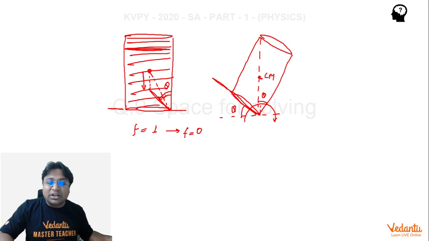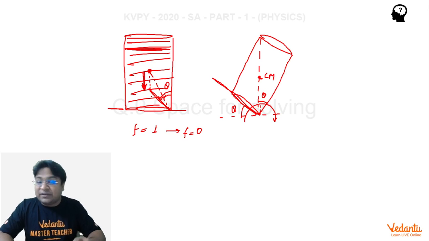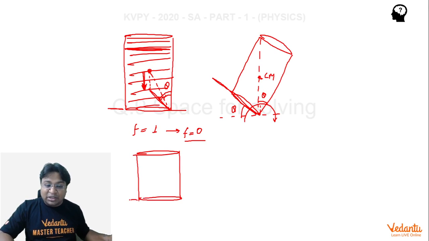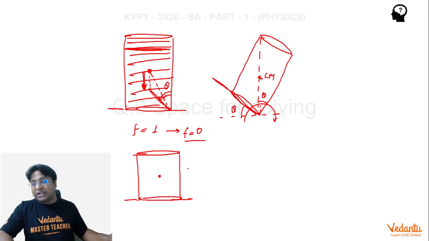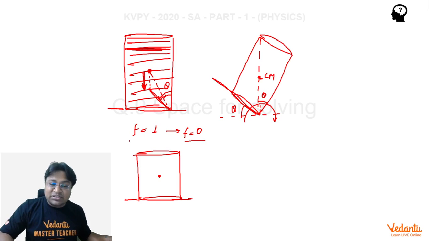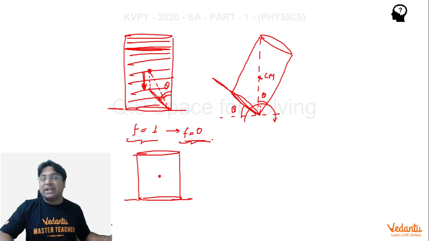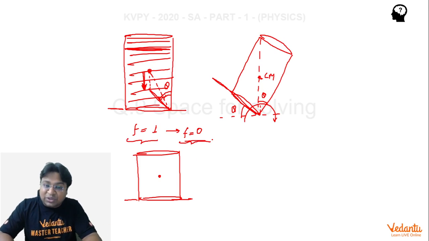That will result in lowering of the center of mass, and hence that will result in an increase in the value of theta. But this will happen to a certain point, because ultimately when F becomes equal to 0, for a completely empty bottle, the center of mass will again be at the geometric center. So whatever is theta for F corresponding to 1, we are going to get near about the same theta for F corresponding to 0.